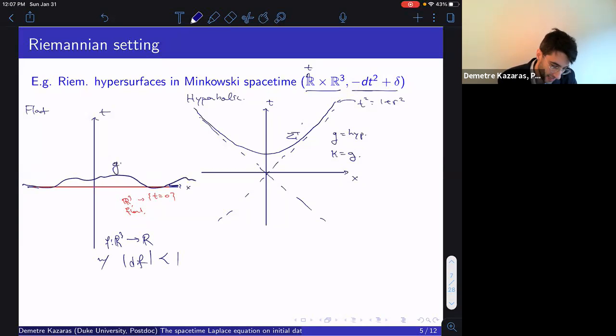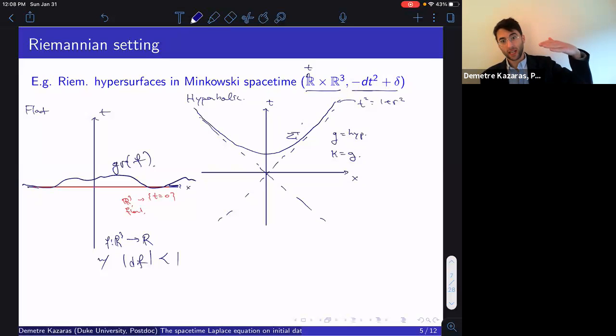Okay, so this would be the graph of f. And this would also be a spatial hypersurface of Minkowski, so you can also consider it as an initial data set with the induced metric and the second fundamental form. The condition that the differential be of norm less than 1 means that it never becomes null.